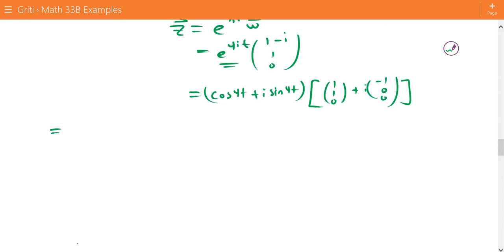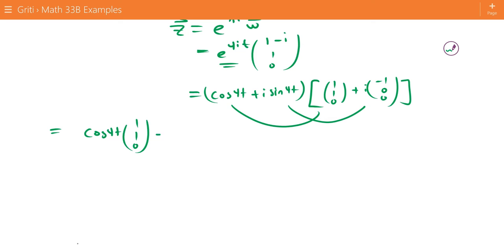Now we can just multiply these two parts together. If we multiply this by this, we get cosine 4t times (1, 1, 0). If we multiply these two together, we get i squared, or negative 1, sine 4t times (negative 1, 0, 0).